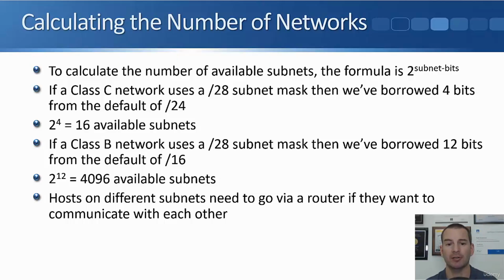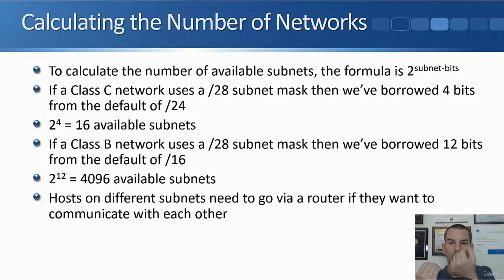Another example, if a class B network uses the same /28 subnet mask, well, the default for a class B is /16. So if we subnet that to a /28, we've borrowed 12 bits. To see how many subnets we're going to get, it is going to be 2 to the power of 12.